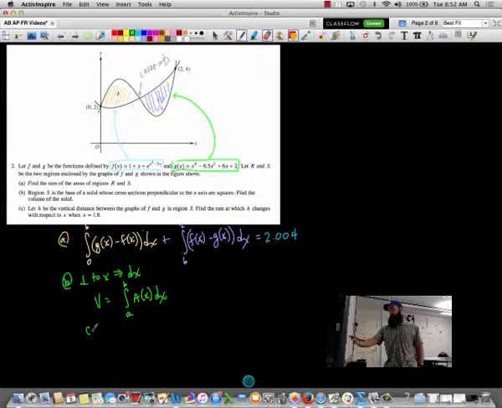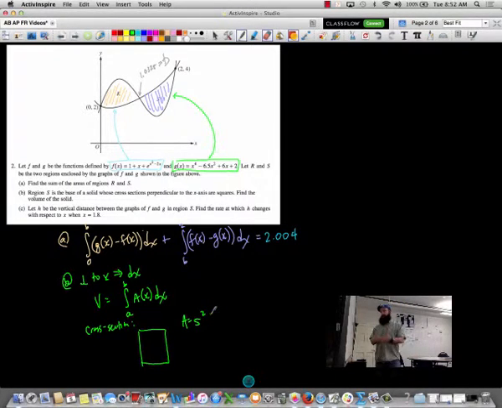I'm going to draw a picture of the cross-section, which in this case is a square. You know how to find the area of a square: side squared. So we just need the length of the side. It says the base of the square is in region S when you cut perpendicular to the x-axis. So this line segment right here in the picture is in region S, perpendicular to the x-axis.